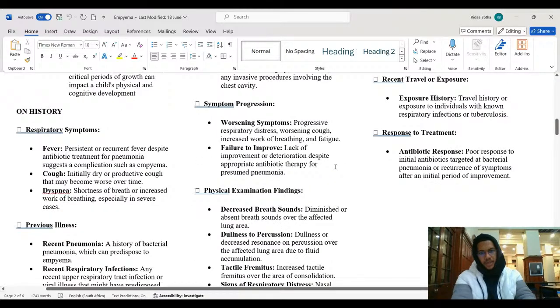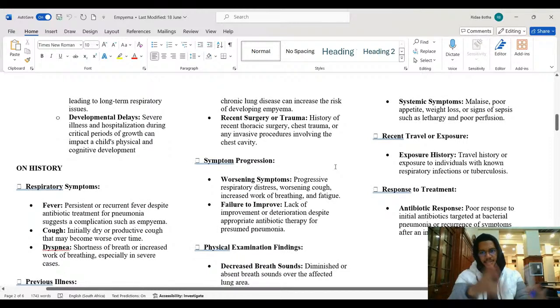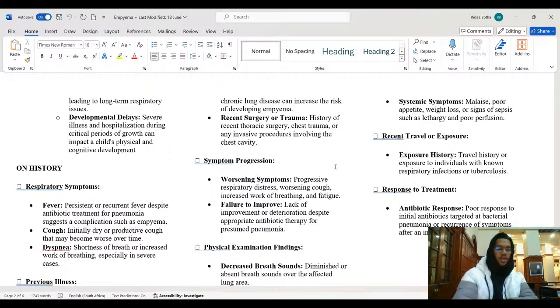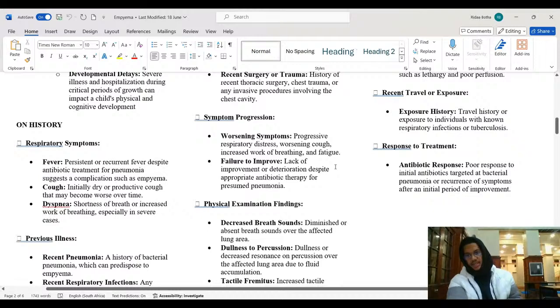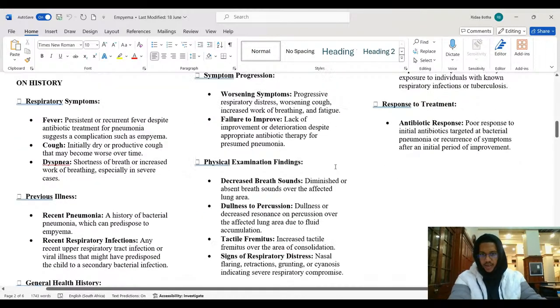Malaise, poor appetite, weight loss, signs of sepsis, lethargy, poor perfusion. Was there any exposure history, or TB exposure?